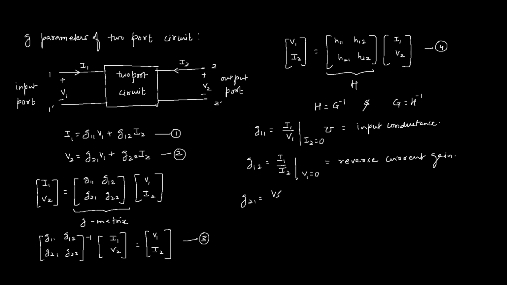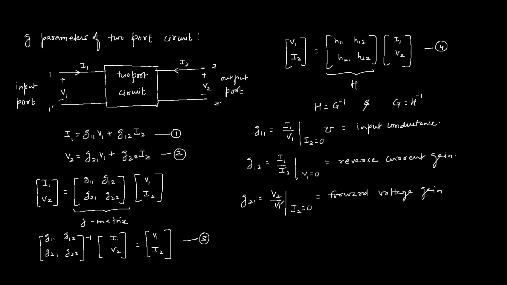G21 is V2 over V1 when I2 is 0, or port 2 is open circuited. It is the ratio of voltage to voltage, so it is unitless, and it is called forward voltage gain because voltage is transferring from the input port to the output port.